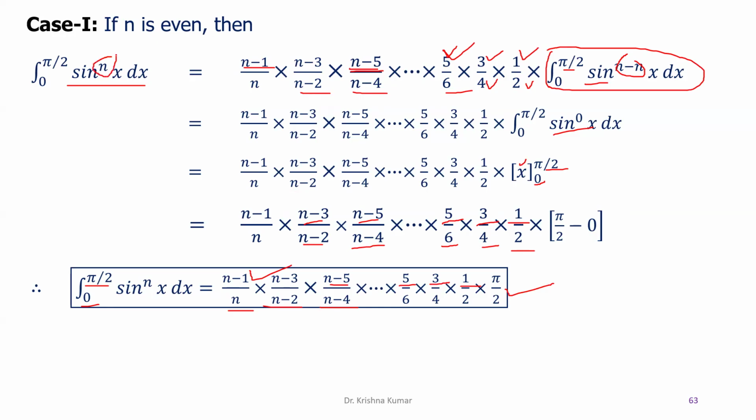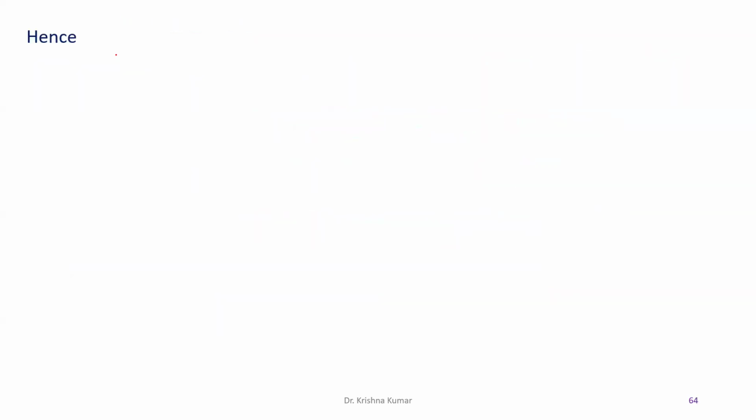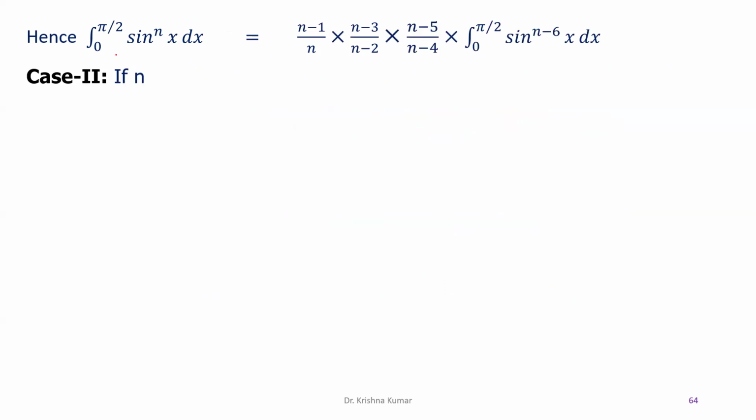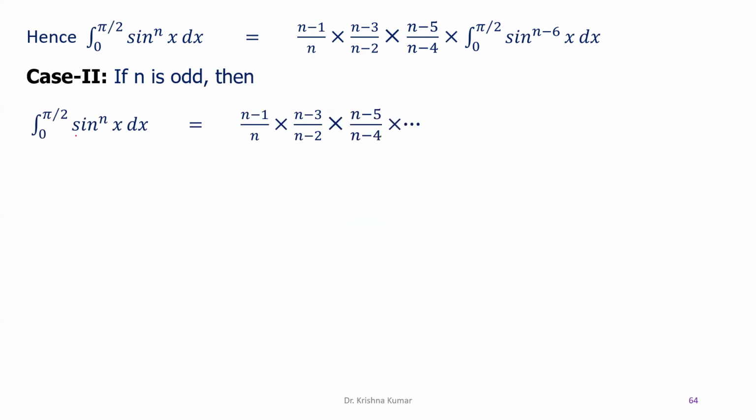So let us see what will happen if n is odd. Case number 2: if n is odd, then the integration under the limit 0 to pi by 2 of sine to the power n x dx is (n-1)/n into (n-3)/(n-2) into (n-5)/(n-4) into, like, 6 by 7.